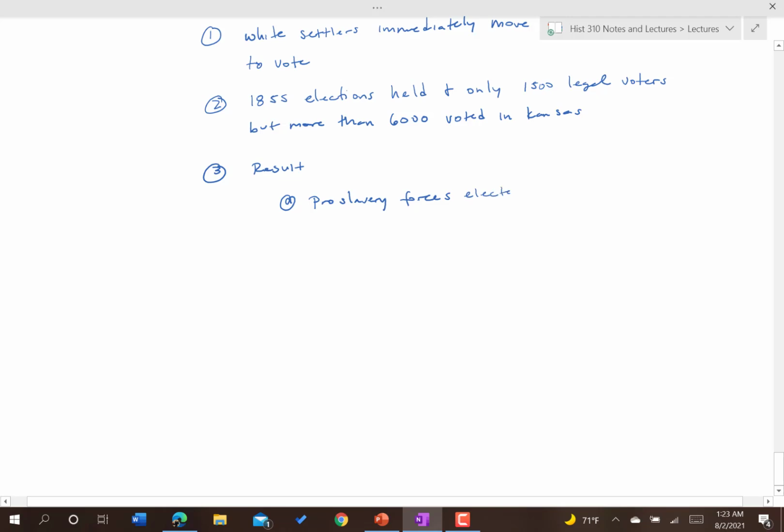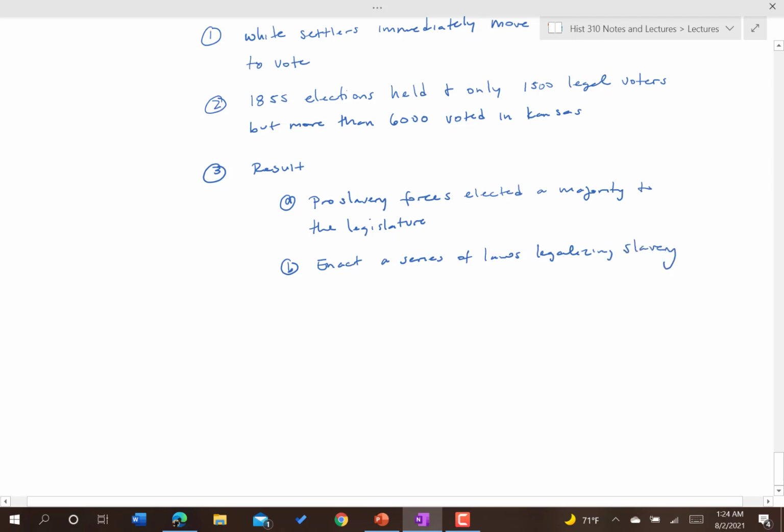They ended up electing a majority to the legislature. And thus, if the people that were going to be in the legislature were pro-slavery forces, not surprisingly, what they did is they moved to immediately enact a series of laws legalizing slavery.